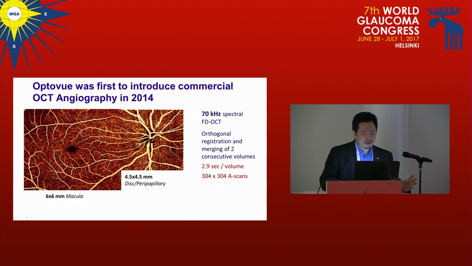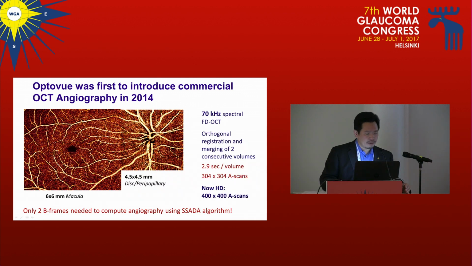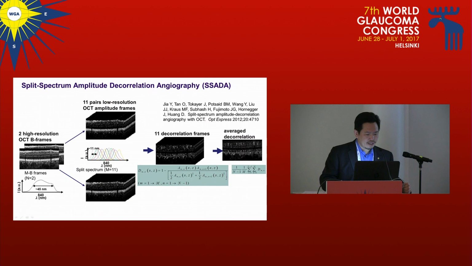One is orthogonal registration, which gets rid of a lot of the motion artifacts, and a very efficient algorithm, the SADA technology, which only requires 2 B frames to compute angiography. Because of this, Optovue is able to get very high signal-to-noise for angiography in relatively short scan time, and still, I think, have the best signal-to-noise ratio. And now also, high-definition OCT angiography has been introduced, which gives you a lot more detail.